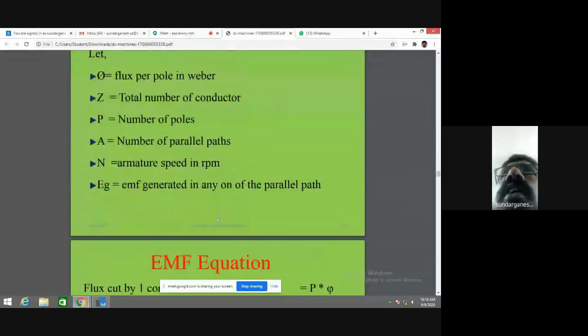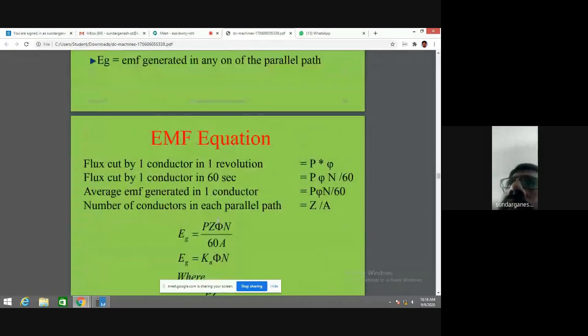Okay. Now we are taking a single conductor and a single revolution. The flux cut by a conductor in one revolution is equal to the number of poles into the flux per pole, P into pi.